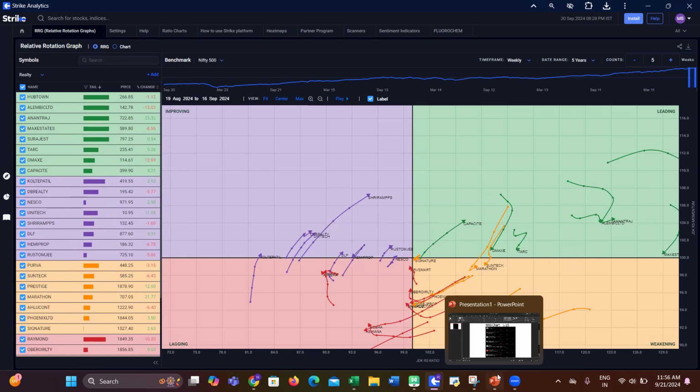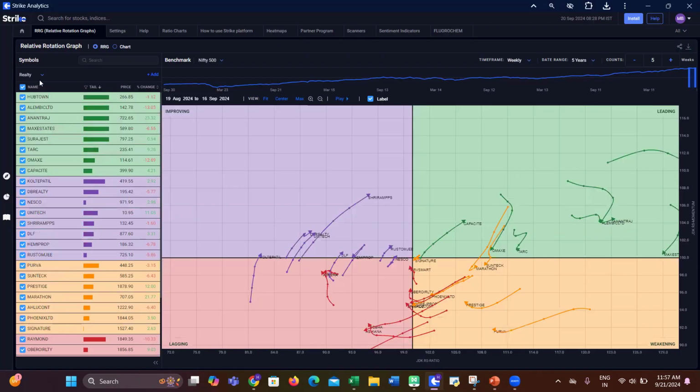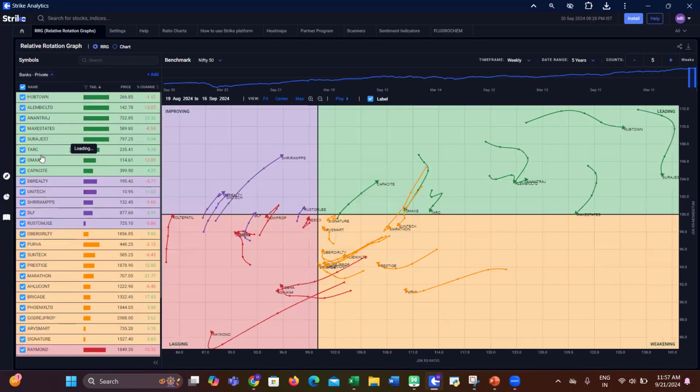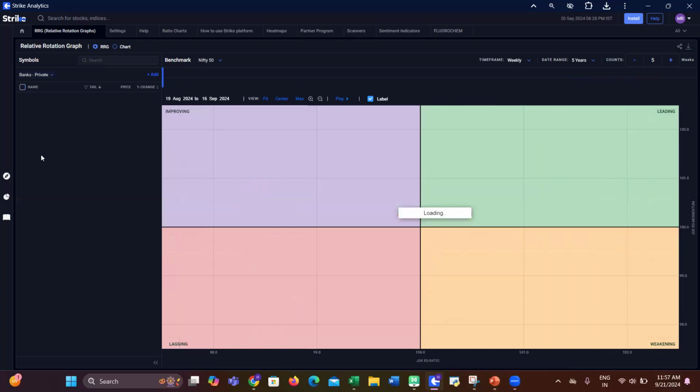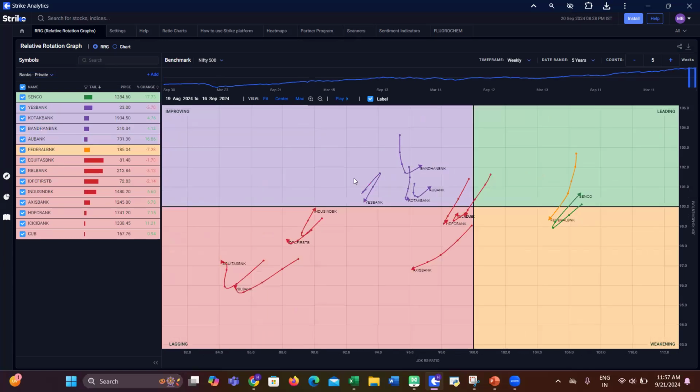And with that, I think I have covered IT. Let's cover the private sector banks as well. So let's do this together. All right, loading. Perfect. So yeah, I see something very interesting.